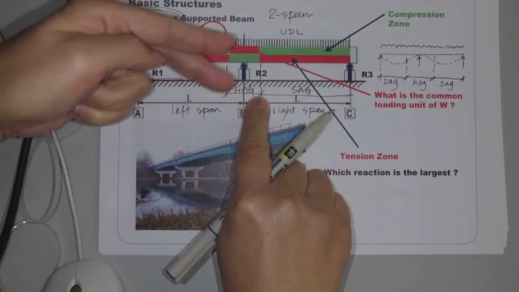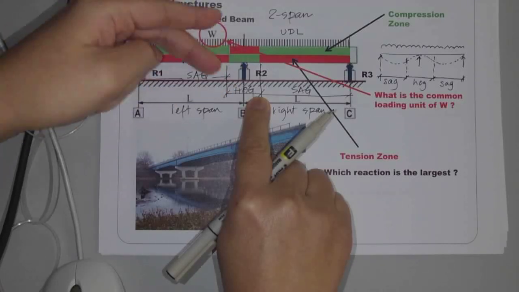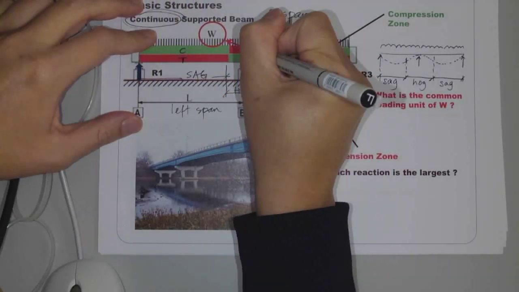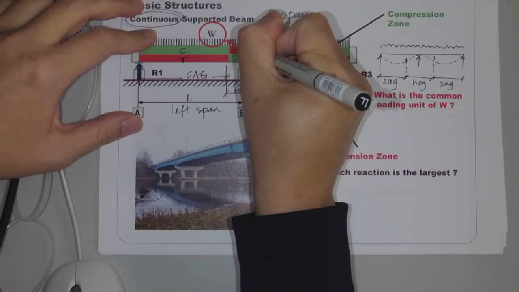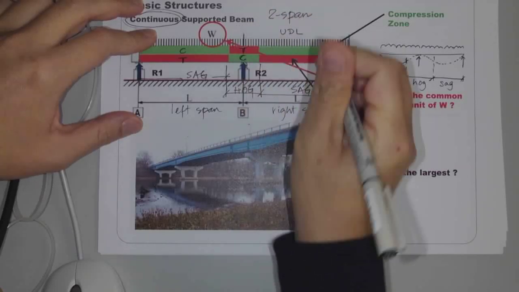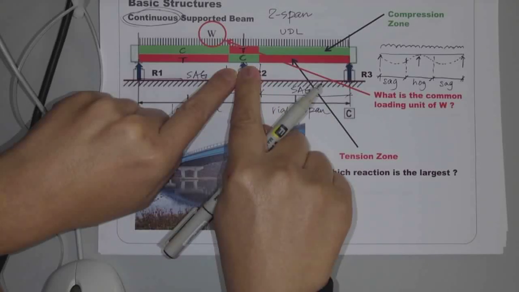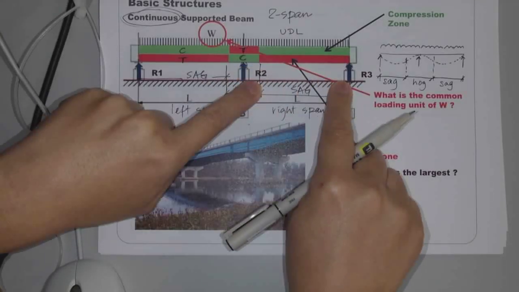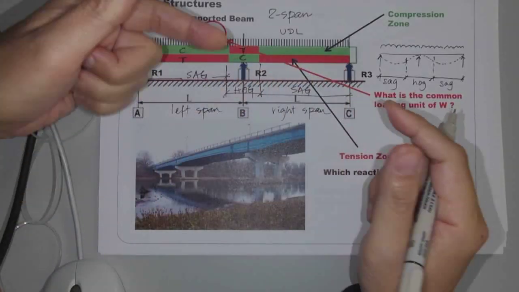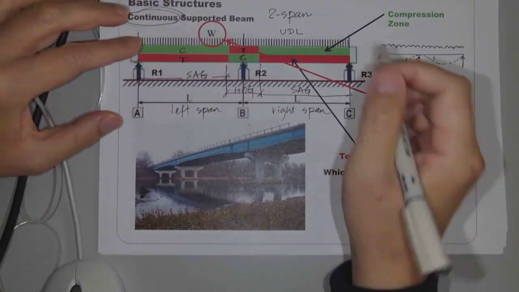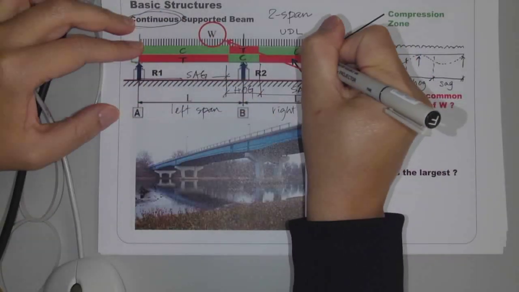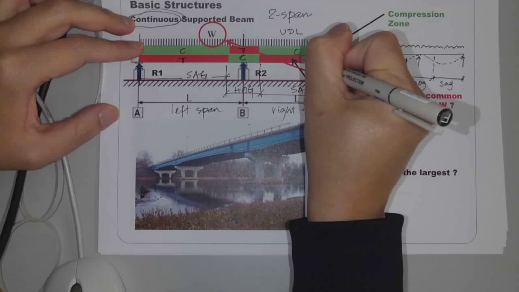So the compression and tension sides flip. So this becomes T, you can see the color change. Right? And then when it goes to the right, it's sagging. So C and T flip back again. So this is C, and this is T again.